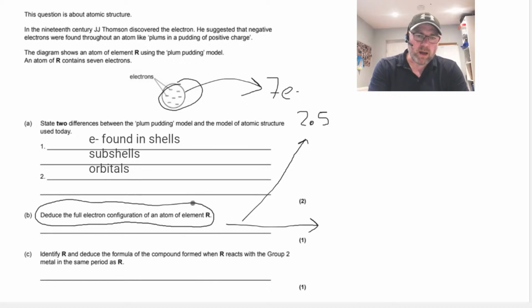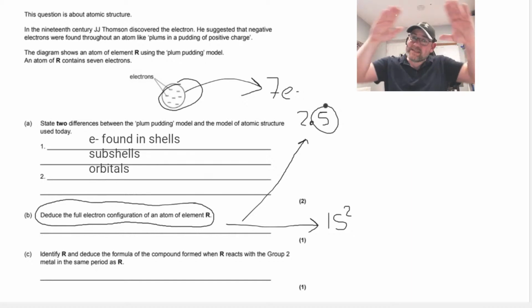But for the full electronic configuration of an atom of element R, the first energy level is called energy level 1, so we write a 1. And then the electrons are found in an orbital called the s orbital. So we write 1s2. And then the 5 electrons that it has in the second ring.